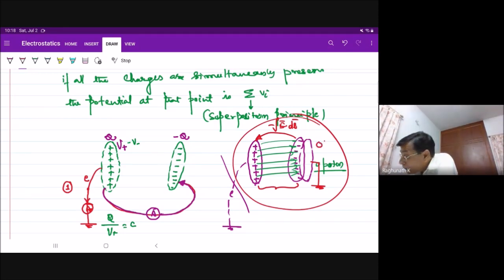With this at zero potential: I told you, if it is a single charge, the zero potential point is at infinity. If I connect a conductor to the earth, that conductor is at zero potential, because anything that is connected to earth will go to zero potential. That is how we save ourselves from accidental shock by motors or heavy power equipment, where there can be a leakage of power at the surface.